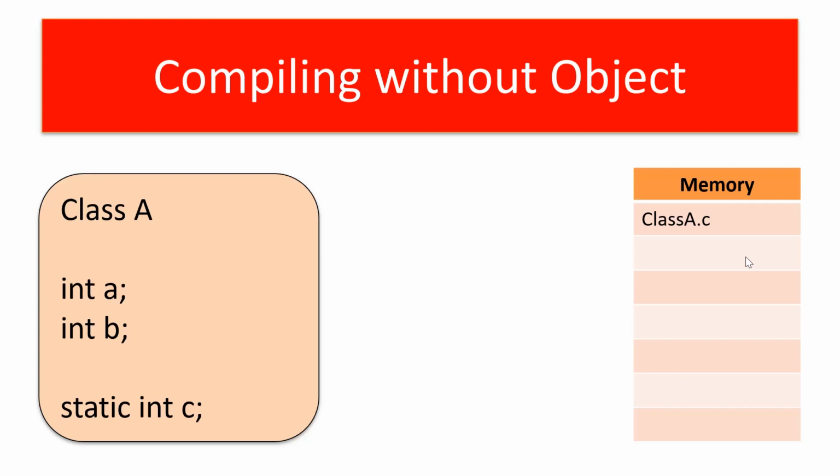Since it is not necessary to create an object to access a static member, a static member can be accessed with the help of the class name. And a static member belongs to the class, and hence while compiling this class, even though there are no lines of code creating an object, memory for this static variable has been created while compiling itself.